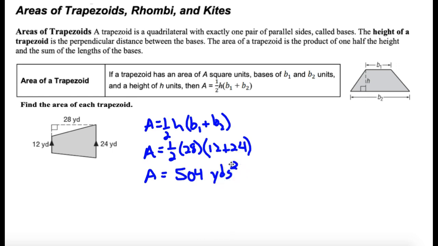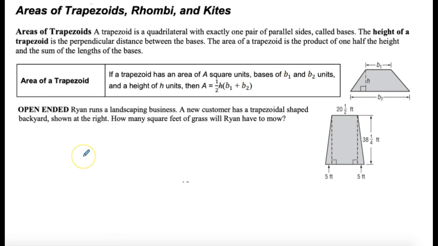Okay, so let's try a story problem with this information. Here we've got Ryan running a landscaping business, and a new customer has a trapezoidal shaped backyard. We want to figure out how many square feet of grass Ryan's going to mow. We're given a little bit different dimensions here.